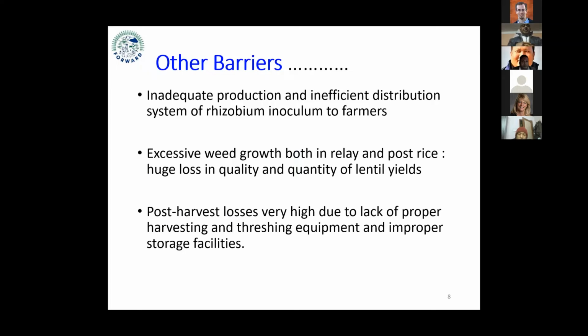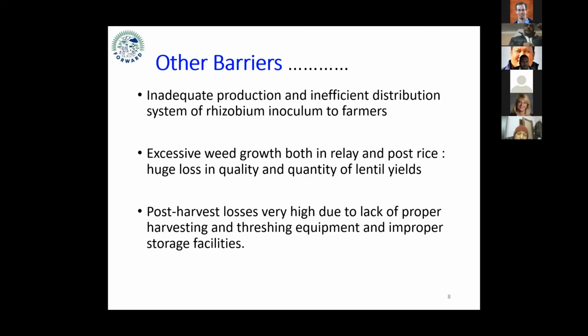Other barriers are inadequate production and inefficient distribution system of rhizobium inoculum to farmers. Though we have recommended seed treating with rhizobium culture to the farmers, the production is not adequate, and the distribution system is not efficient, so that farmers, even if they want, can't apply it.